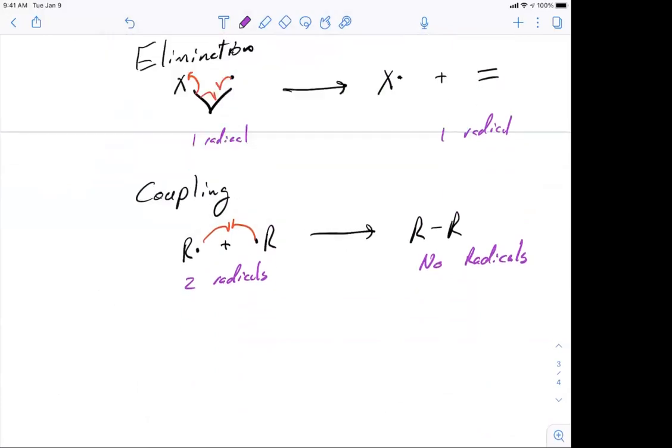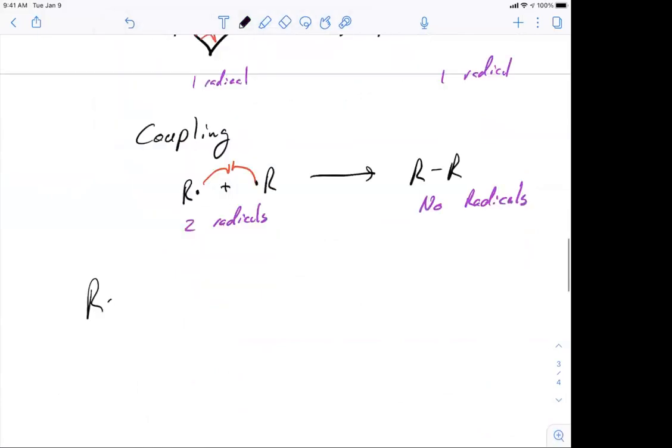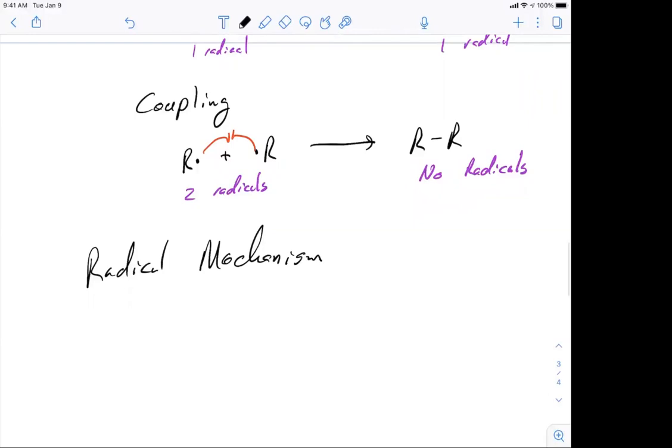Now in radical mechanisms, you're going to have 3 stages. And again, just general, sometimes there'll be more steps than that, but the 3 stages. You'll have an initiation.